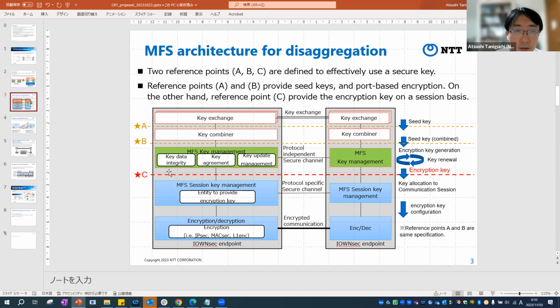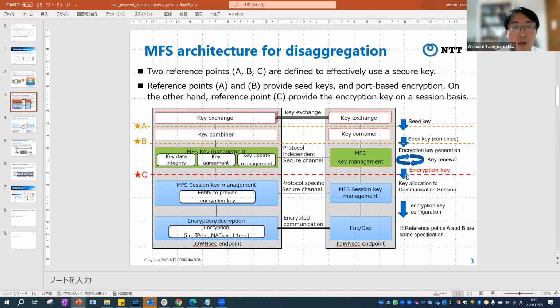But if we create a reference point, it can provide the encryption key directly. So it's possible to allocate keys to communication sessions and easy to control at the resource level.